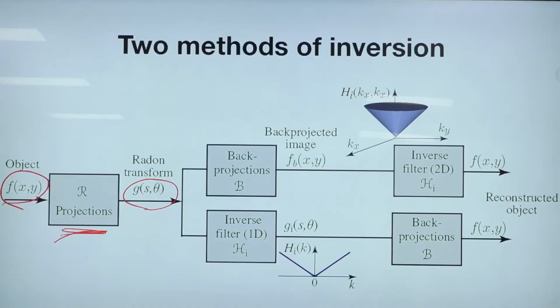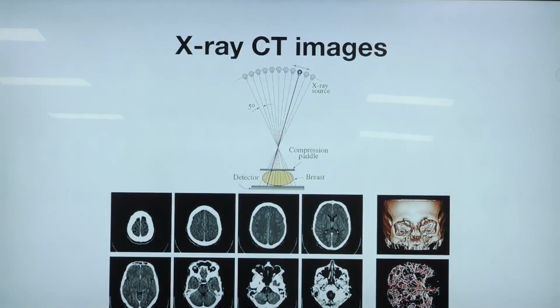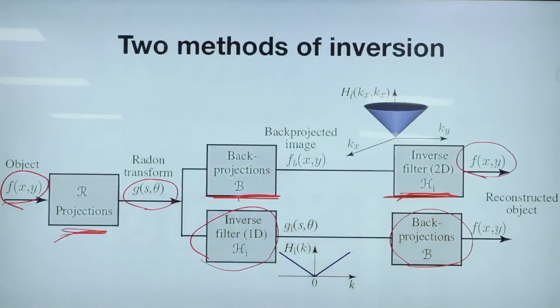One is to first do the back projection and then do the inverse filtering, and that way you get the reconstructed object. Another approach is first do the inverse filtering and then do the back projection. Either way, you will get the correct answer.